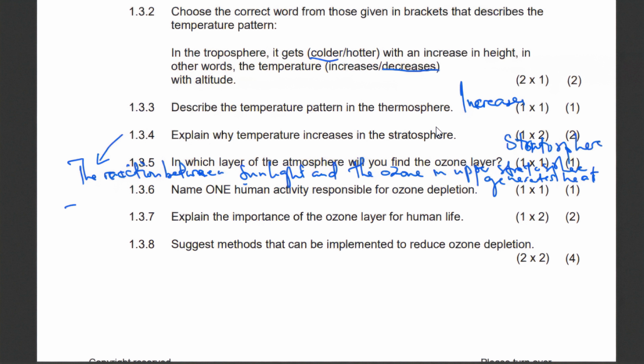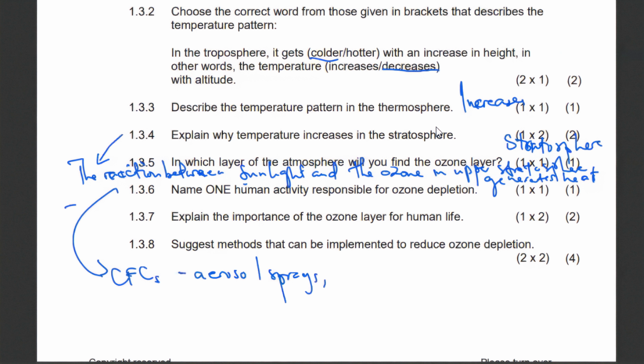Right. Taking it on to the next question, it says, name one human activity responsible for ozone depletion. There are so many human activities that contribute towards ozone depletion. Some of the notable human activities relate to activities that involve the use of CFCs. If you are using CFCs, for example, in aerosol sprays, they contribute towards the damage of the ozone layer.